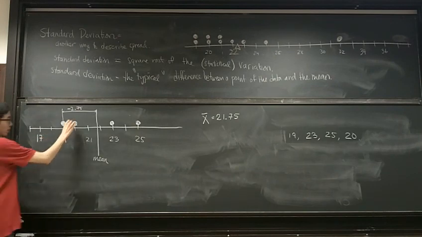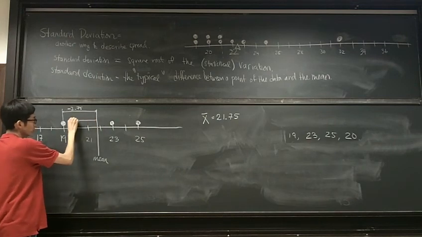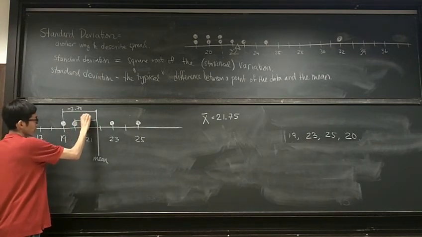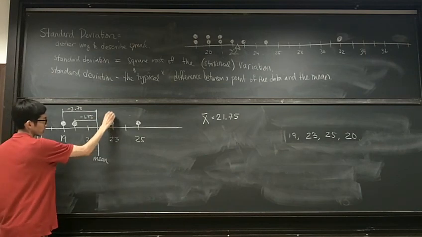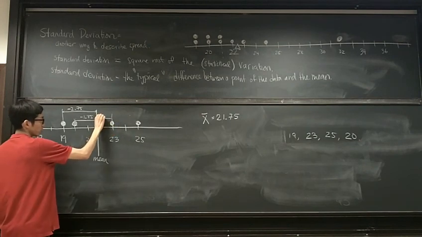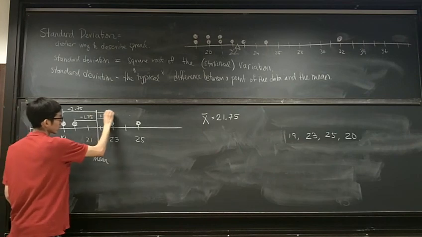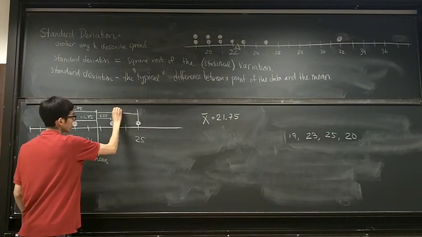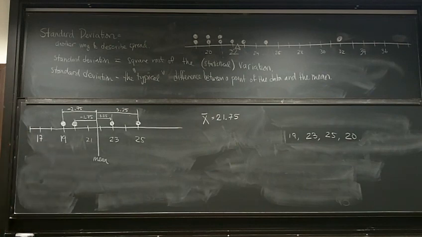What about this one? 1.75 from the mean, negative 1.75 below. How far is this one from the mean? This is 1.25 above the mean. And this one is 3.25 above the mean.